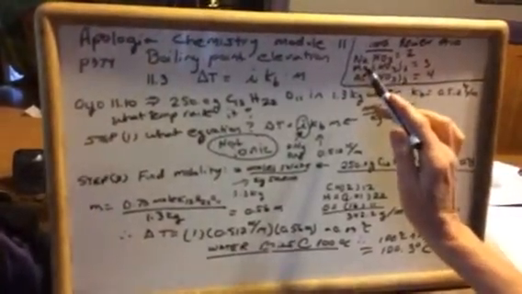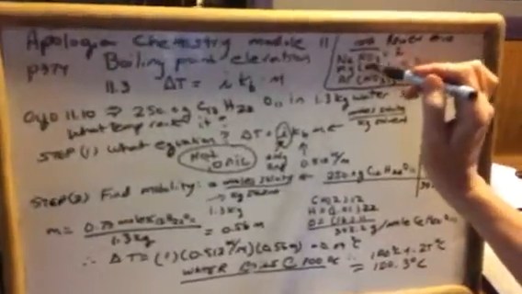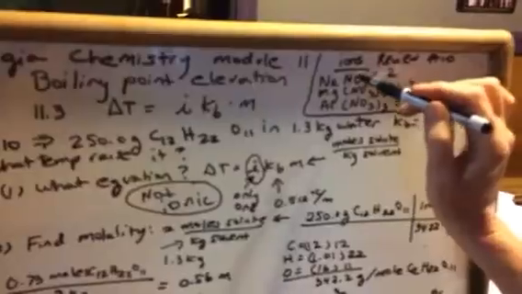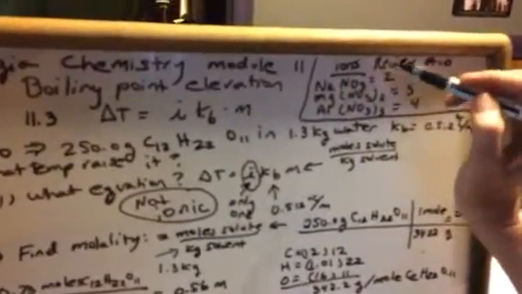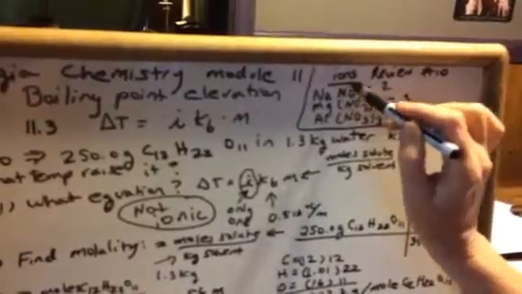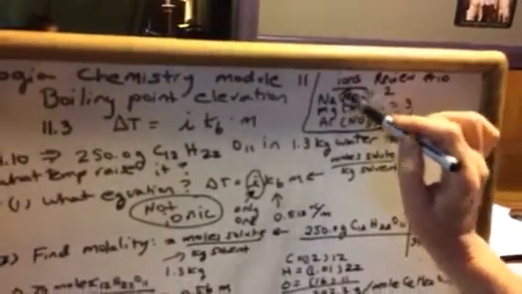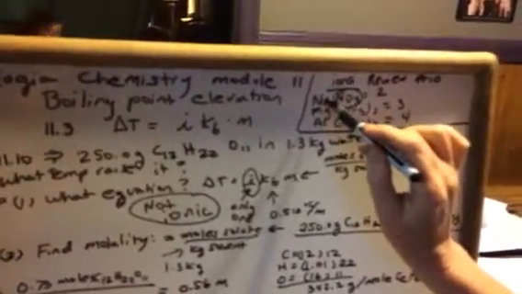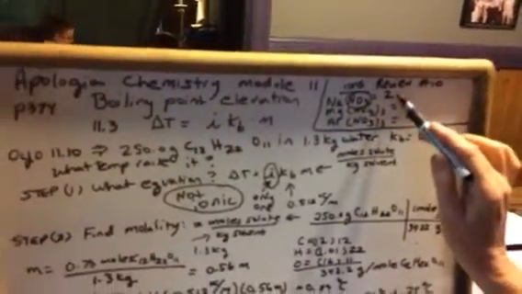Let's say you have NaNO3. Well, remember, NO3 is one of those polyatomics that you were supposed to memorize from page 288. So NO3 is only 1 ion. It's not separated because this is a polyatomic ion. NO3 is one and Na is another one, so you have a total of 2 ions.